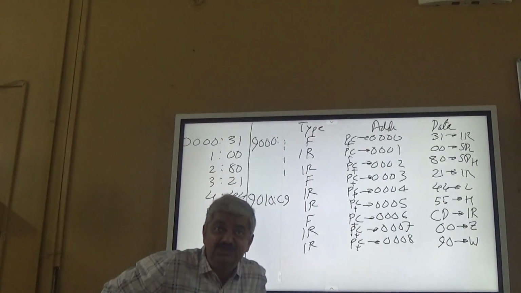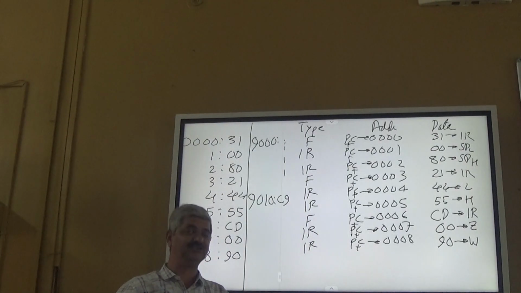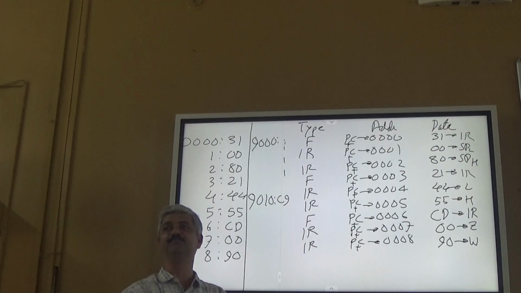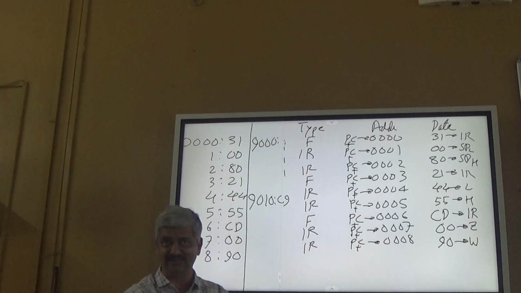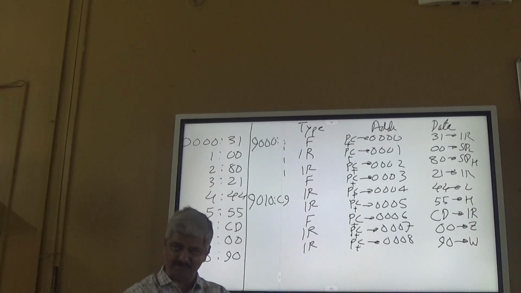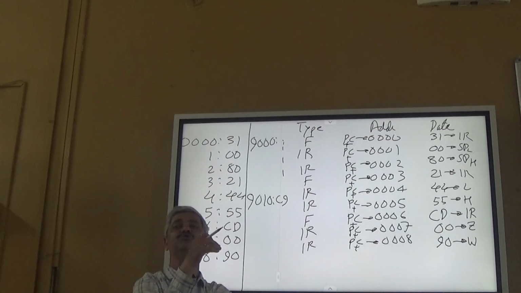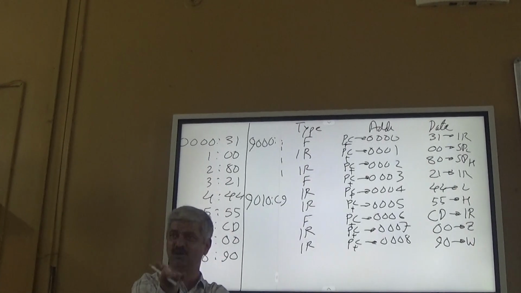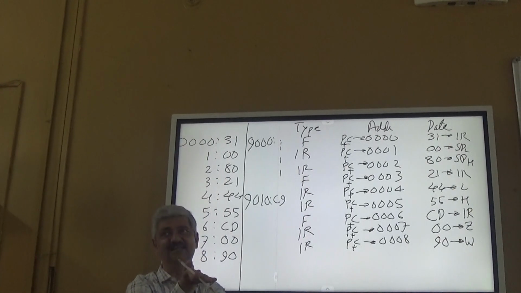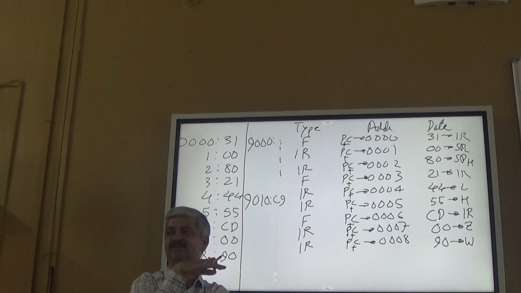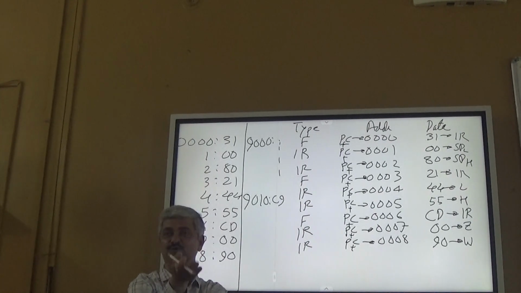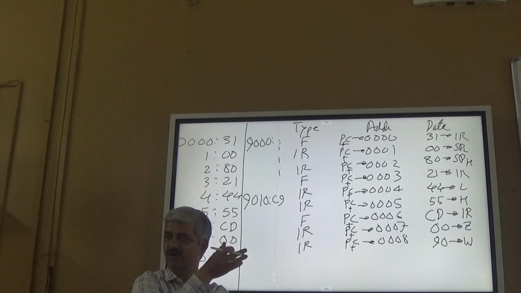Jump is a 3-byte instruction. In the first machine cycle opcode fetch, in the second machine cycle reading a lower byte which would serve as the lower byte of the program counter later on. In the third machine cycle reading the higher byte which would serve as the higher byte of the program counter later on. So since it is later on, it should be stored in these two cycles.